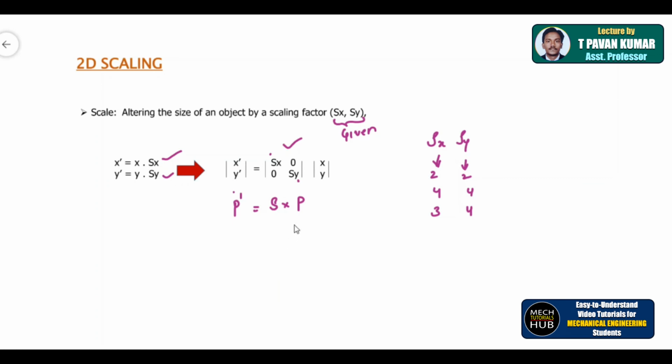So simply this equation, if you could remember, for rotation we'll write it as R multiplied by P, simple equation. For translation we'll write it as P prime is equal to T plus P. Try to understand the difference. Here we do matrix multiplication in both the cases. In translation we do addition.